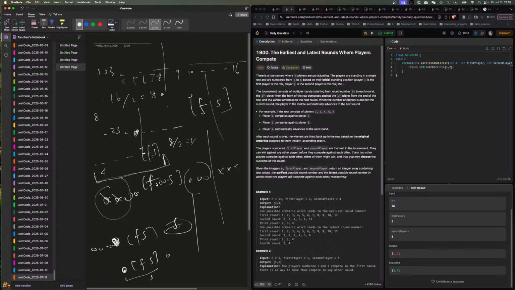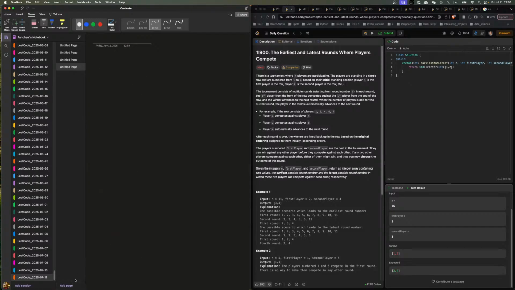We want them to cross the middle, because once they cross the middle, it doesn't matter what is here. Once they cross the middle, it's just one more step. We just need them to cross the middle.